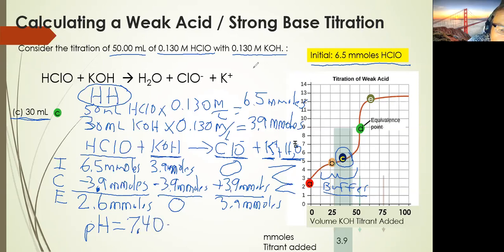It's the pKa plus the log of the conjugate base, 3.9 millimoles, over the remaining amount of acid, which is 2.6 millimoles.